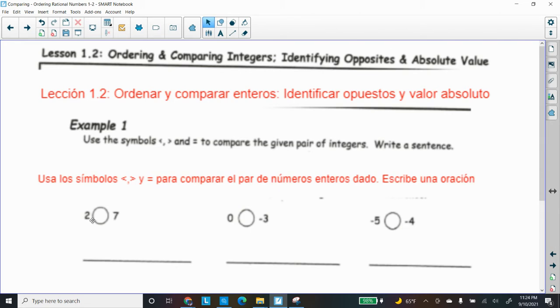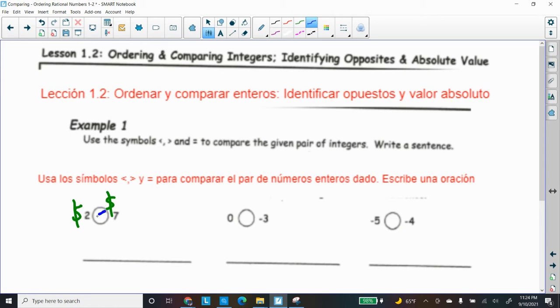So here we have 2 and we have 7. Here's a little trick I like to use when it comes down to comparing. I'm going to draw my favorite symbol when I have to compare numbers, and that's the dollar sign. So $2 and $7. Well, what do you know about $2 and $7?